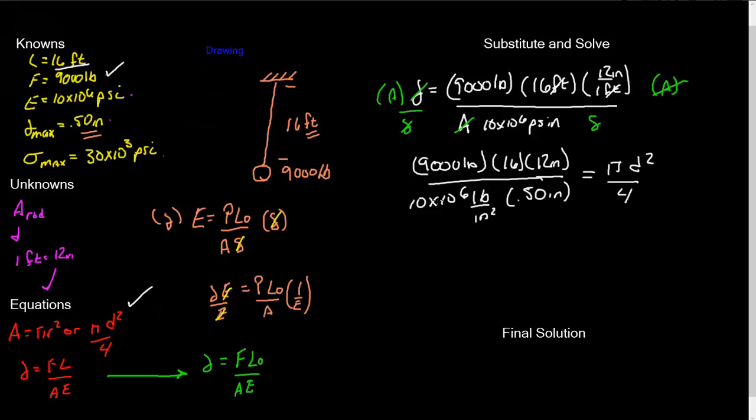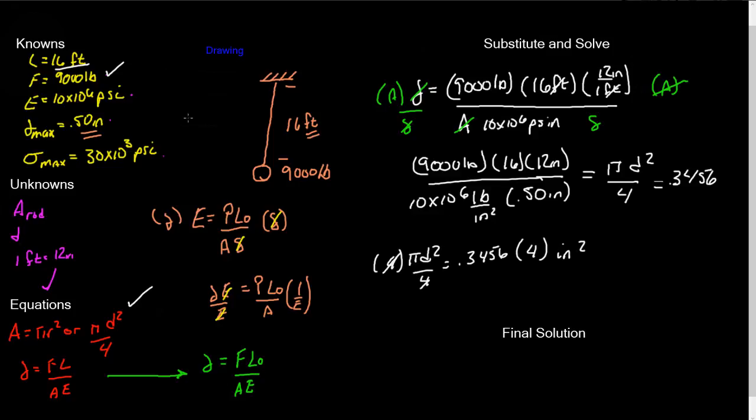And I come up with pi d squared equals 0.3456. I'm going to leave those 4 digits there until I get my final answer. So now I can take pi d squared divided by 4 equals 0.3456. Multiply both sides times 4. That'll cancel out. No units on this, and this is inches squared right now.